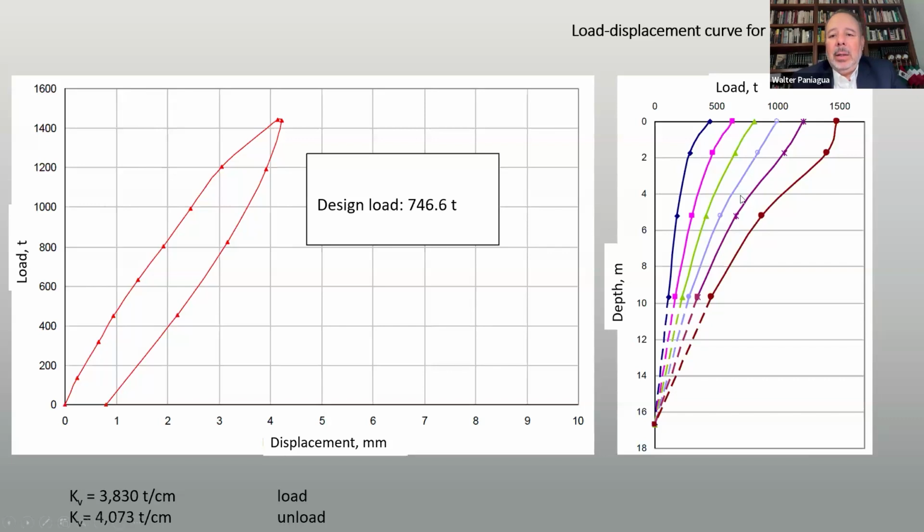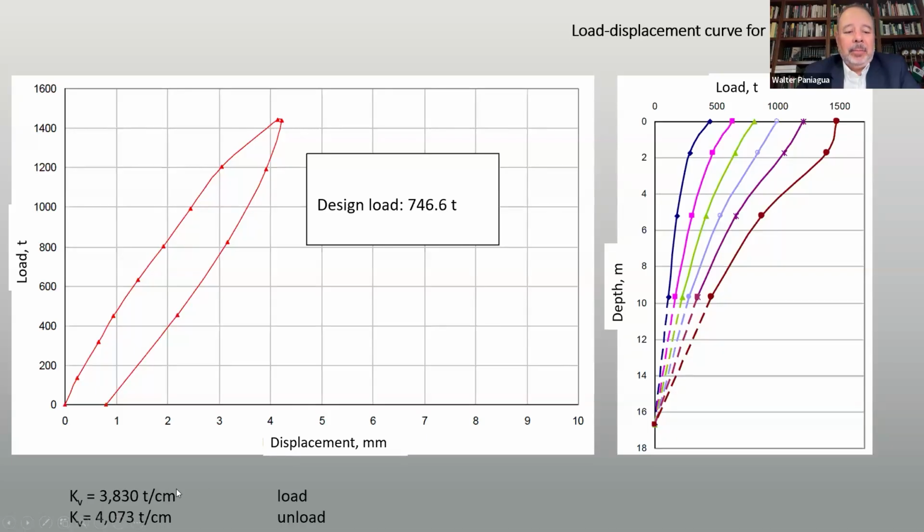And with the load transfer curves from the right, that is load and depth here, we can see effectively at 16.5 meters in depth, there is no end bearing capacity measured over here.